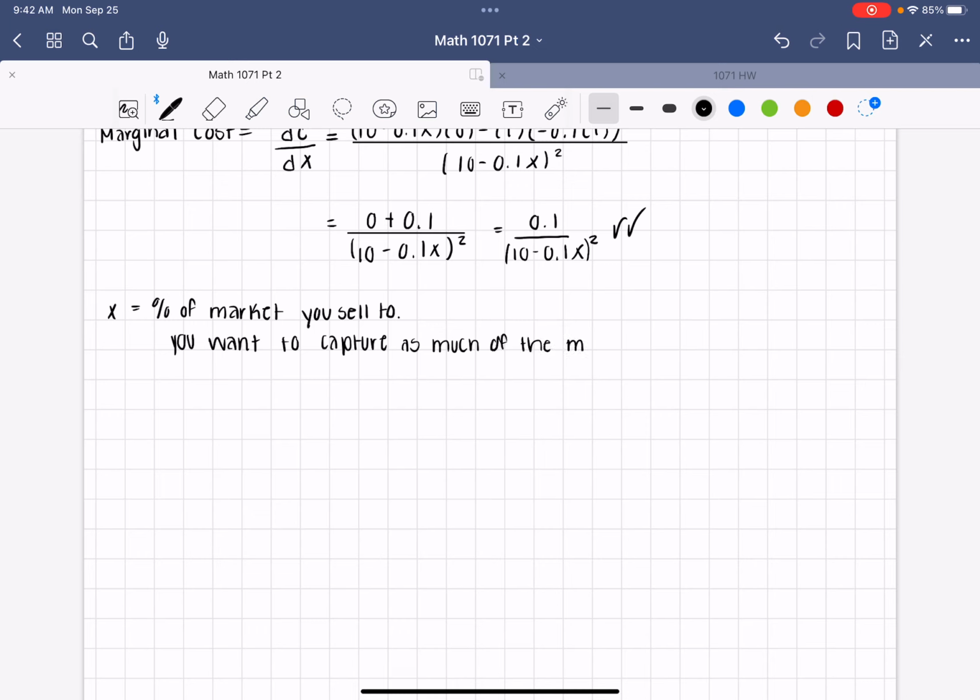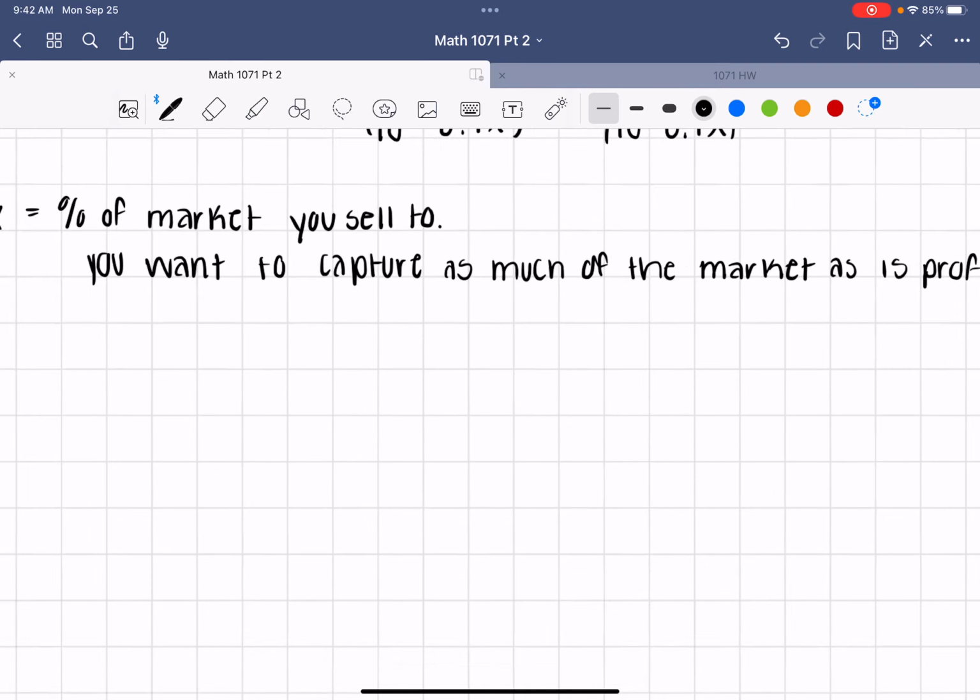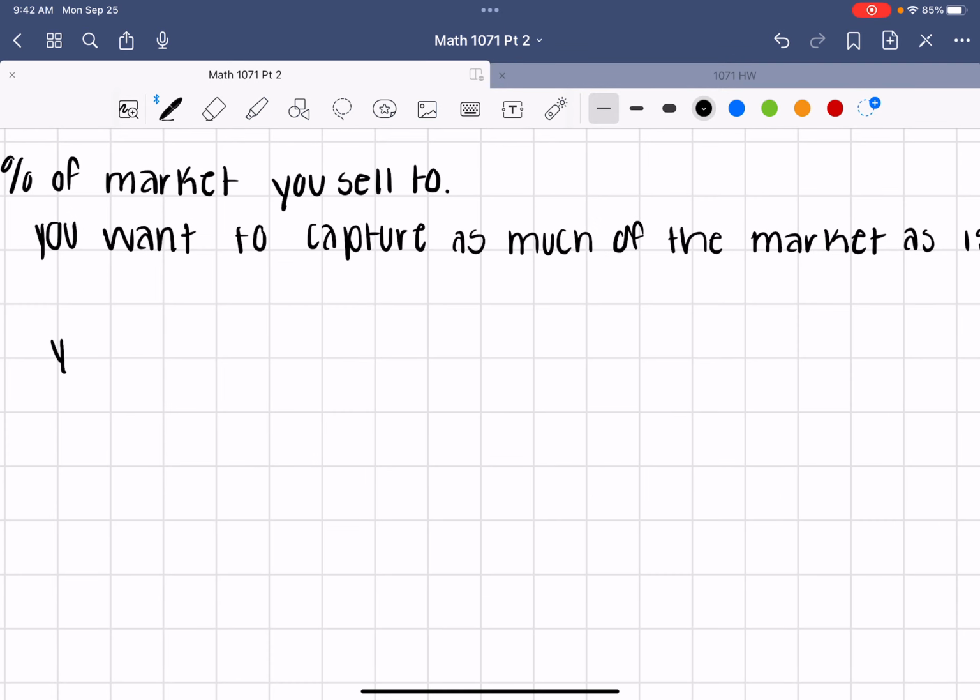If it costs too much, you don't want your profits to tank. And so you want your marginal cost to equal 0. This is what we're going to get into in the second midterm.